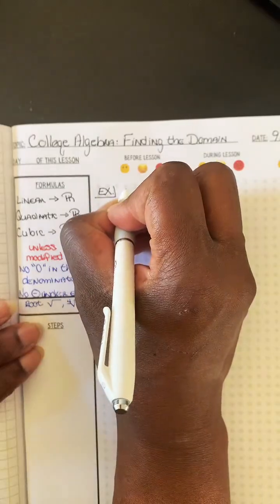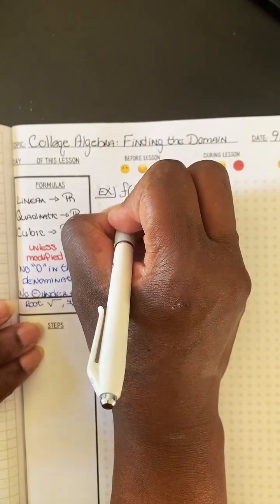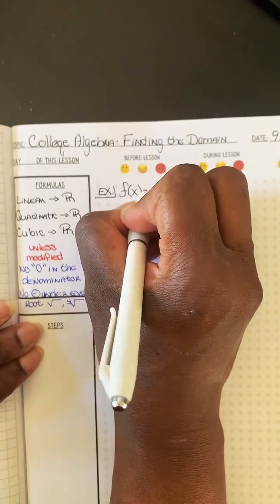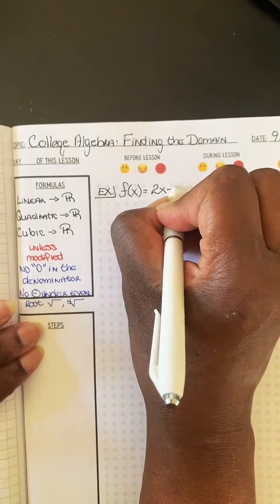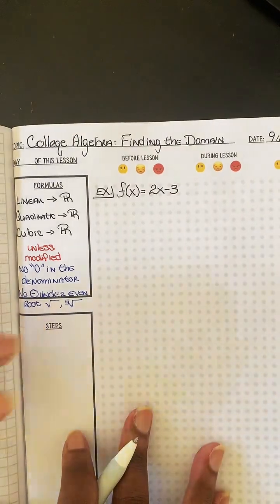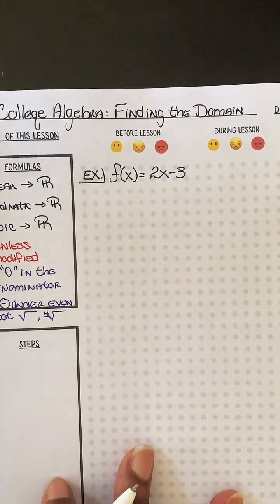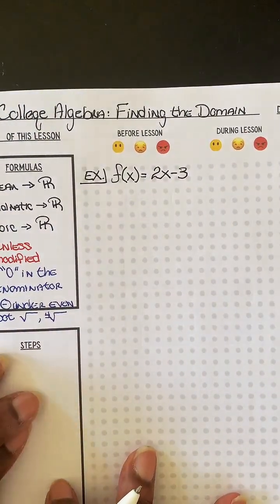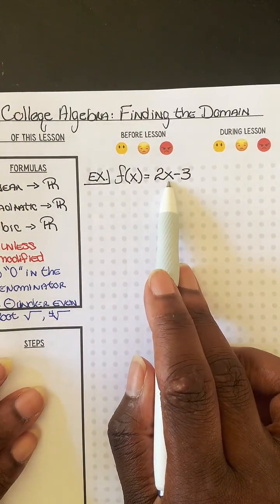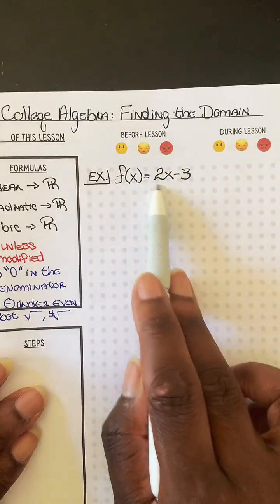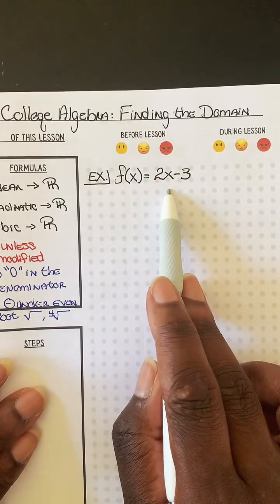So for our first function, we have f of x is equal to 2x minus 3. What we're doing for our domain is we want to know what value of x is going to give us a restriction for this function.